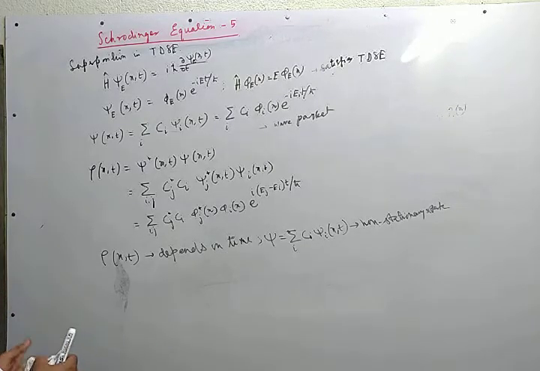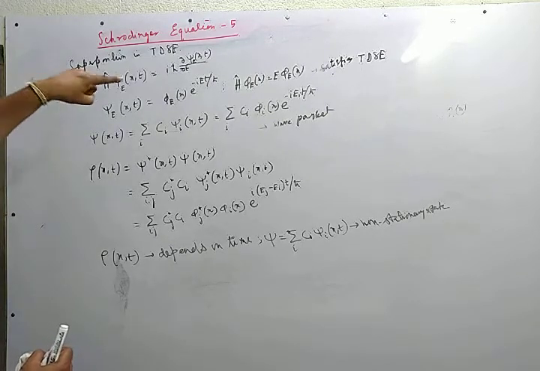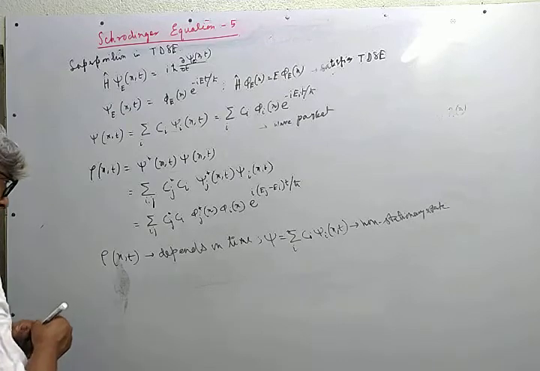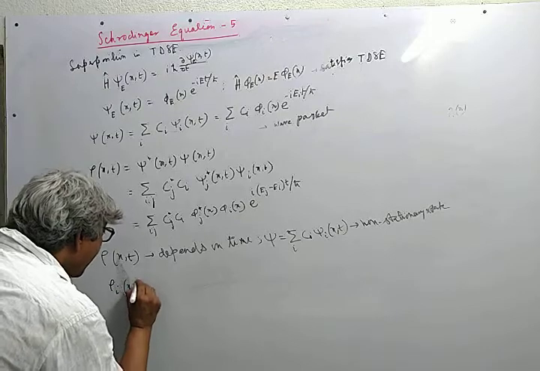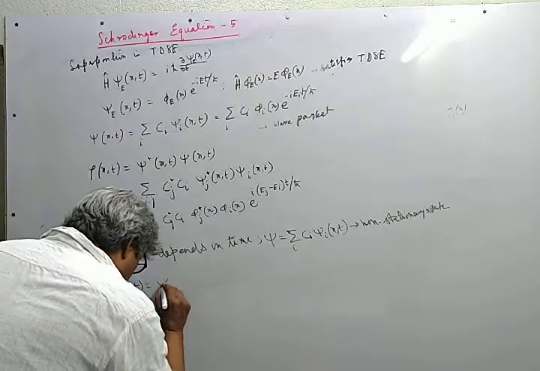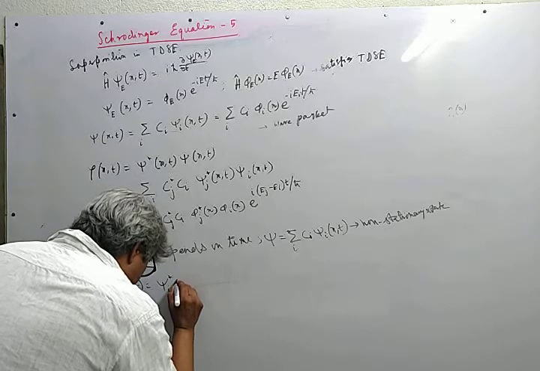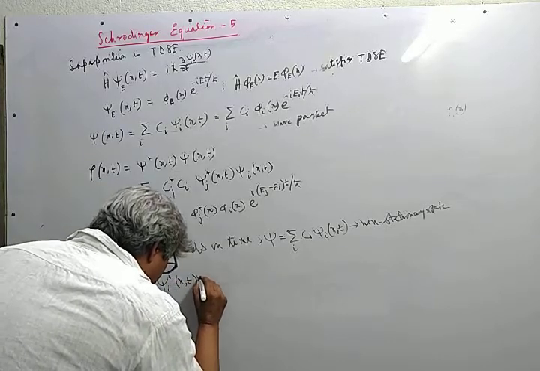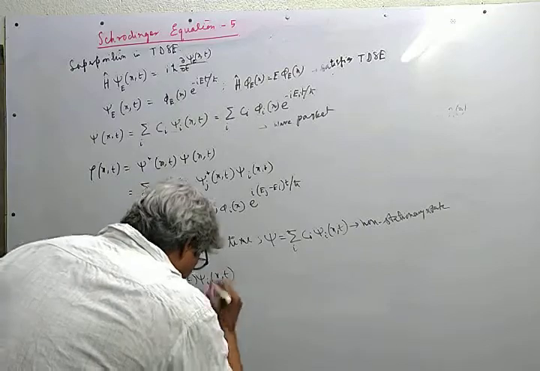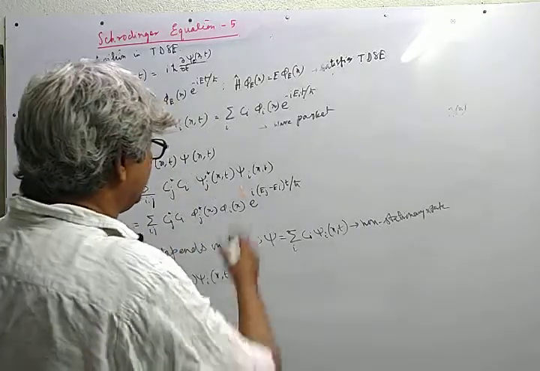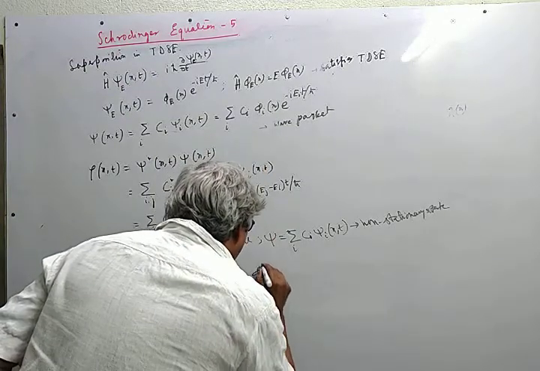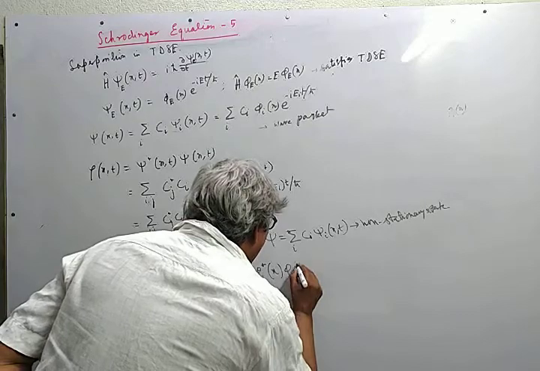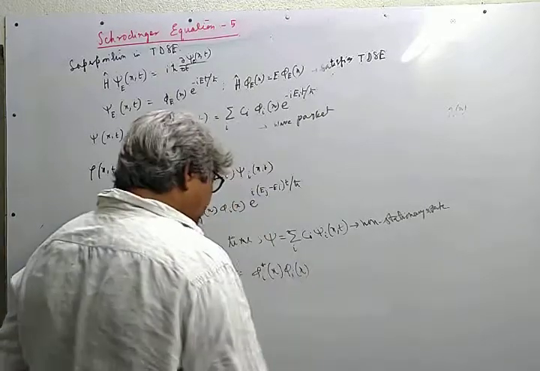On the other hand, if we consider the time dependent equation for a particular eigenvalue, then compare this with this. In that case, the situation will be phi i star of x, phi i of x, and there is no time dependence.